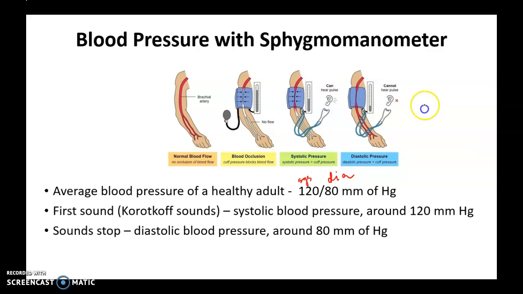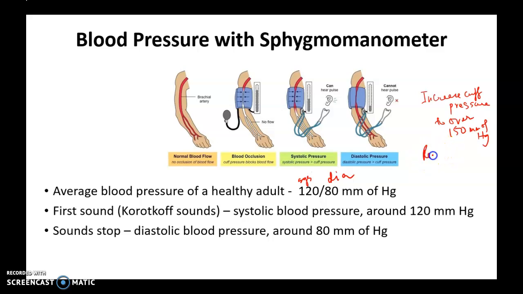So, to review, first you increase the cuff pressure to over 150 millimeters of mercury. At this point you're constricting the brachial artery, so blood cannot flow.